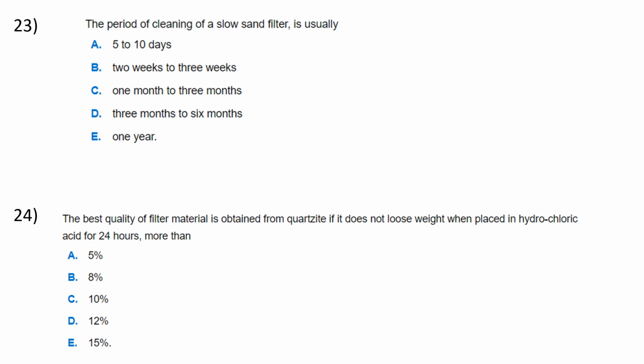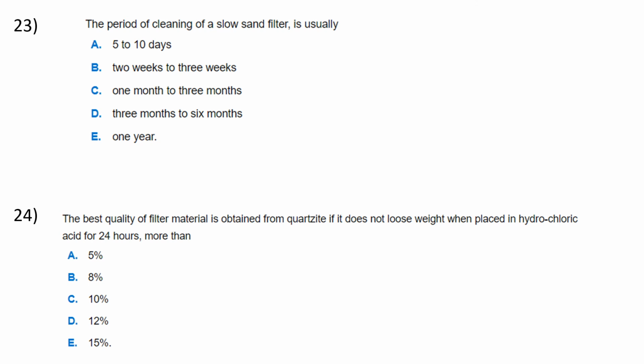Question number 24. The best quality of filter material is obtained from quartzite if it does not lose weight when placed in hydrochloric acid for 24 hours more than, we have 5 options: A 5%, B 8%, C 10%, D 12%, and E 15%.